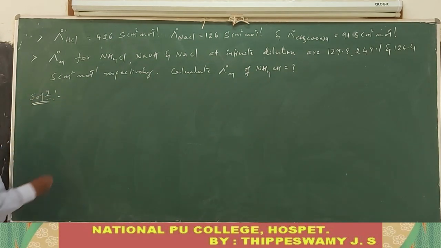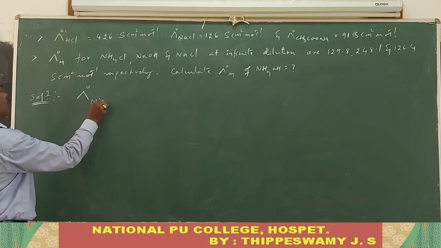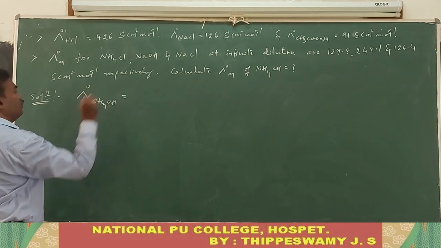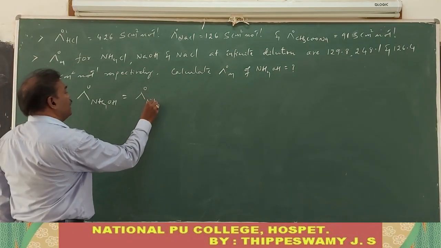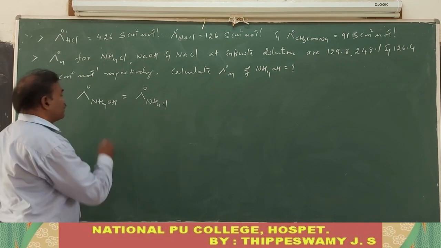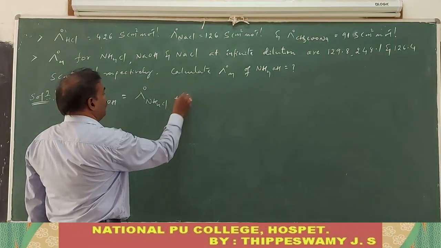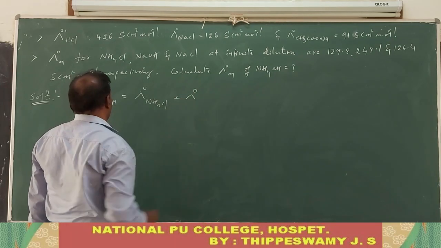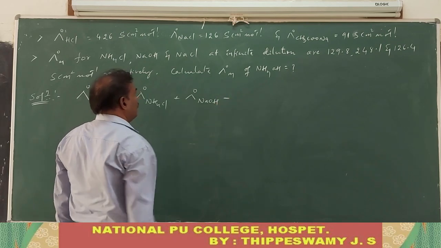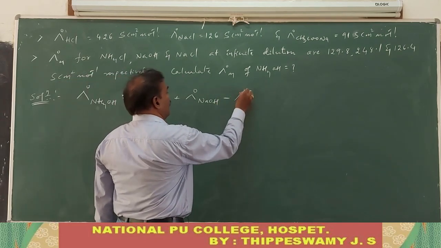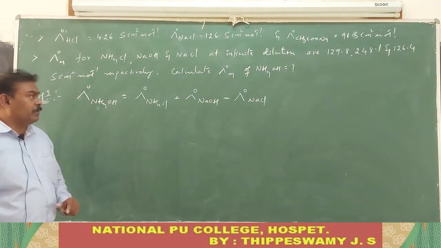According to the Kohlrausch law, the limiting molar conductivity of NH4OH is equal to, how do we write the expression? The limiting molar conductivity of NH4Cl we have to take, because the contribution made by the NH4 ion is considered here, plus the limiting molar conductivity of NaOH, minus the limiting molar conductivity of NaCl, because in NaCl, Na plus and Cl minus ions will be there.